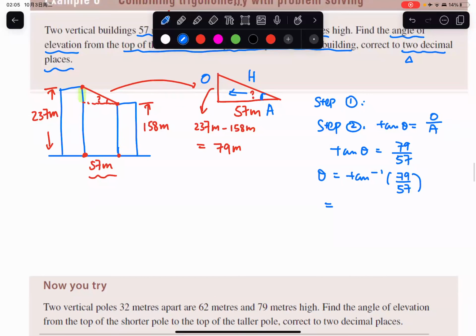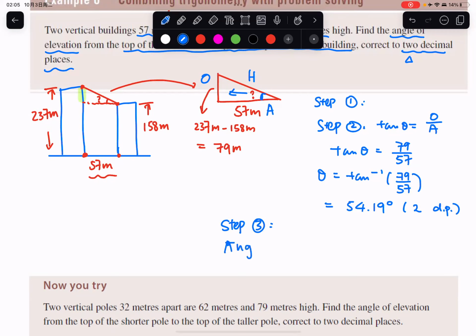So this equals 54.19 degrees, to 2 decimal places. We finish. Then step 3, don't forget to write a sentence for the word question. So the angle of elevation is 54.19 degrees.